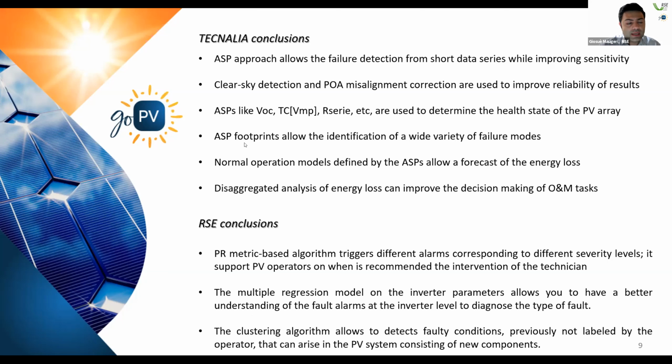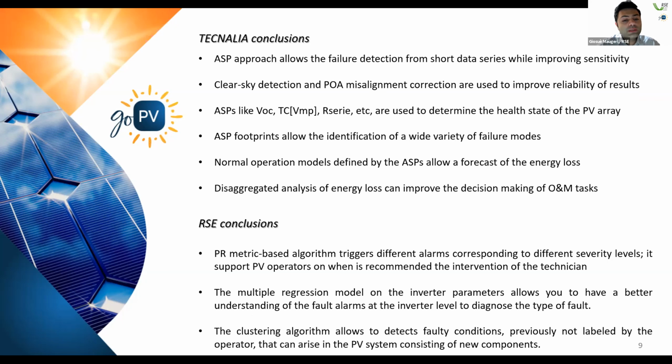Regarding the RSE conclusions, of course, the PR metric-based algorithm allows triggering different alarms which correspond to different severity levels, and it can automatically support the PV operator or, when recommended, the intervention of the technician.